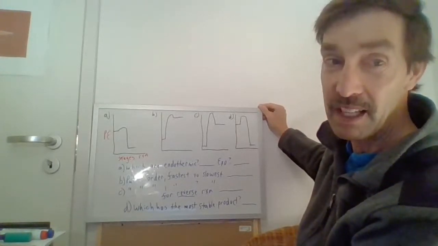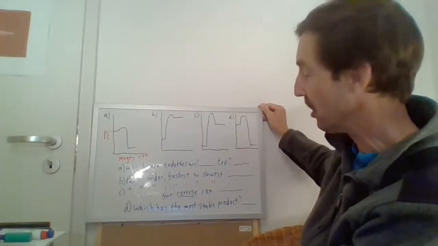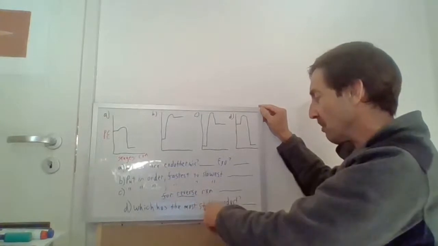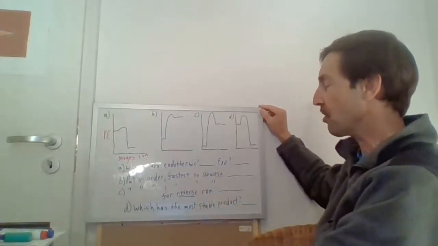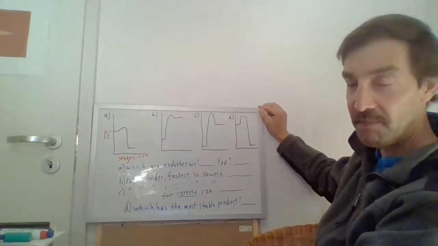Many reactions in chemistry go forward and backwards both. So some reactions go backwards. See if you can figure that out. And then finally, what has the most stable product, A, B, C, or D? See if you can think of what would be stable.